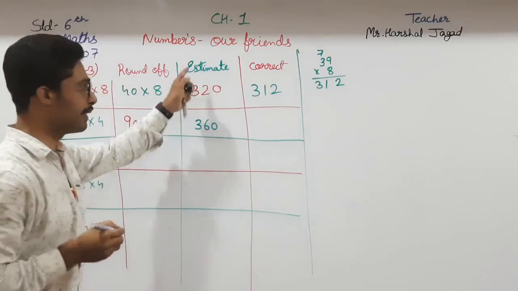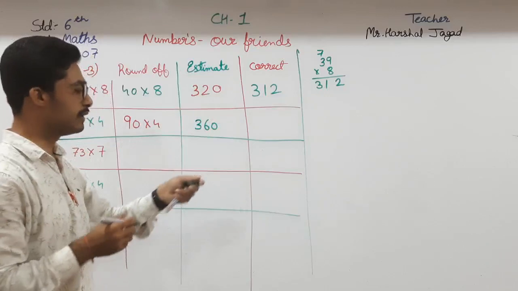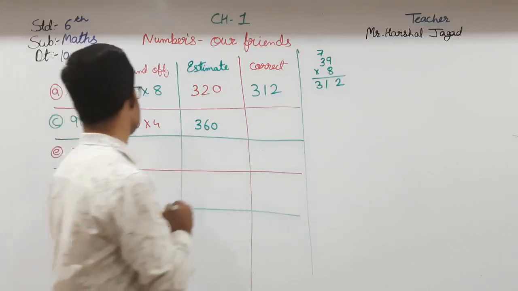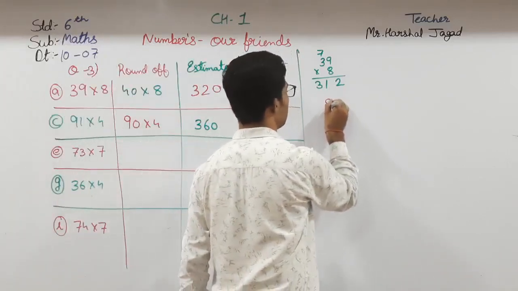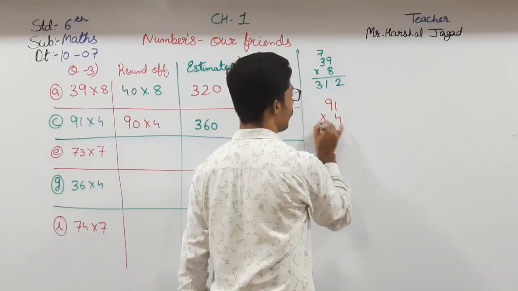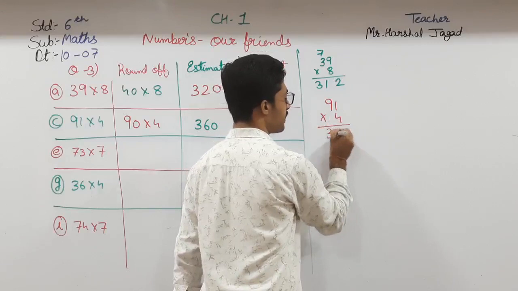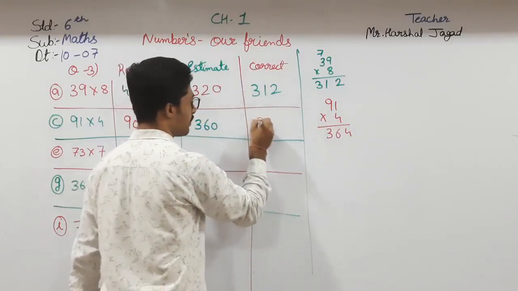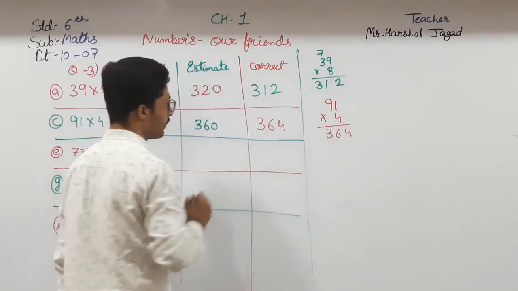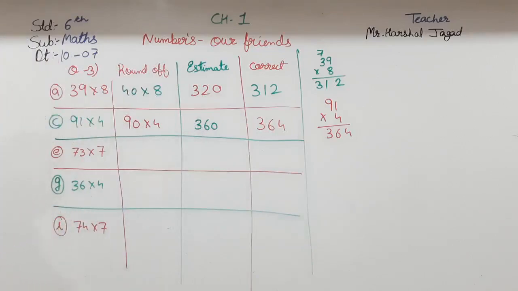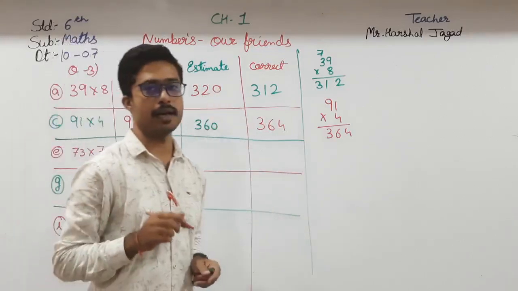That is the estimated answer. Now we will do the calculation, 91 into 4. 4 1s are 4, 9 4s are 36. So your answer is 364. Okay students, that is the correct answer.